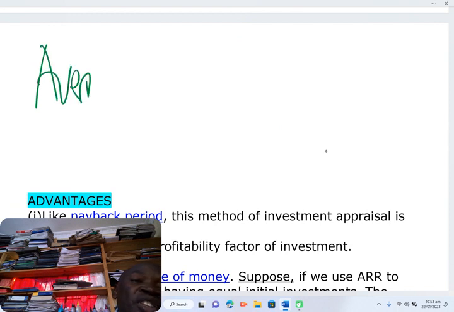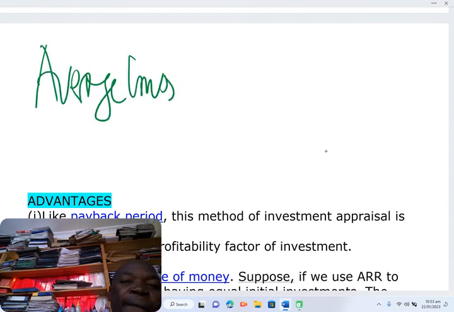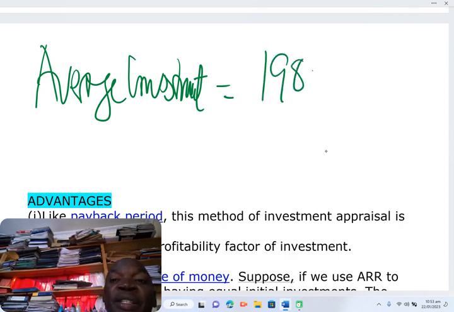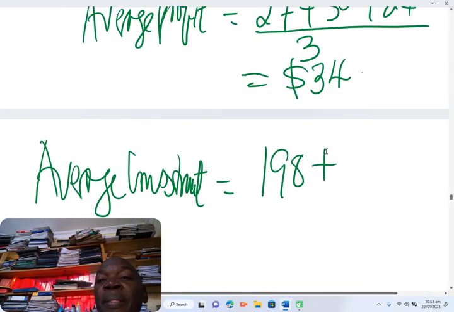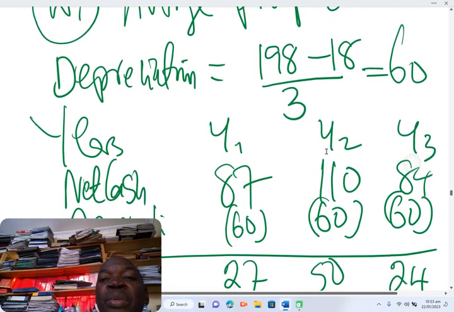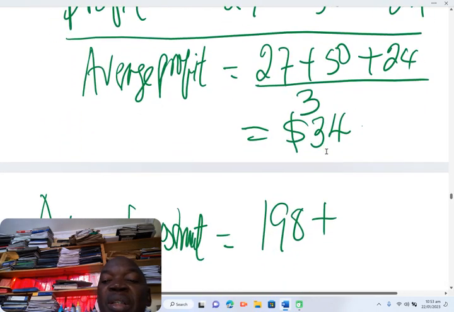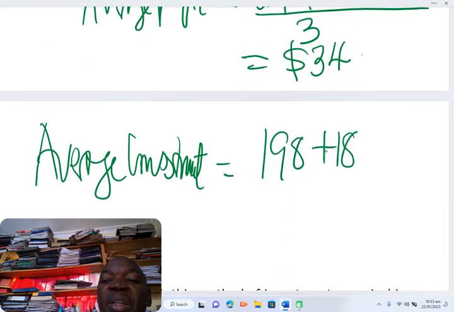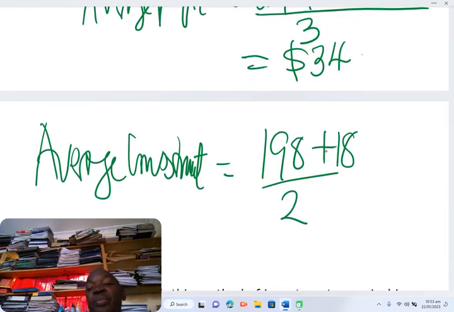So average investment is 198 plus the salvage value, which is 18, divided by 2.